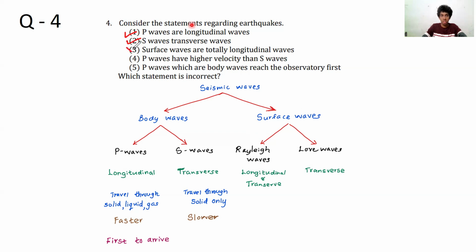Therefore, 3 is wrong. 4. P waves have higher velocity than S waves. That is correct. P waves, which are body waves, reach the observatory first. That is also correct. So, as they're asking for the incorrect statement, the correct answer is the third.